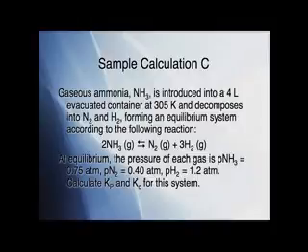At equilibrium, the partial pressure of NH3 is 0.75 atmospheres, the pressure of nitrogen is 0.40 atmospheres, and the pressure of hydrogen is 1.2 atmospheres. So the goal of this problem is to calculate Kp and Kc for this system.